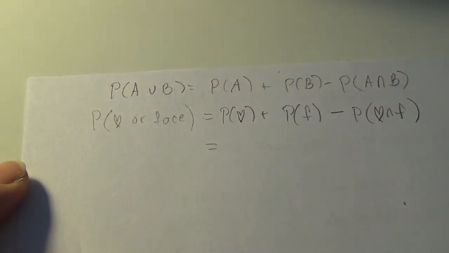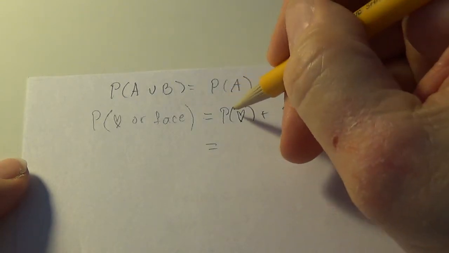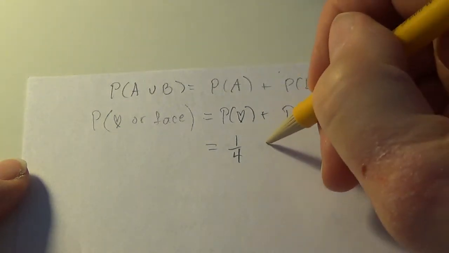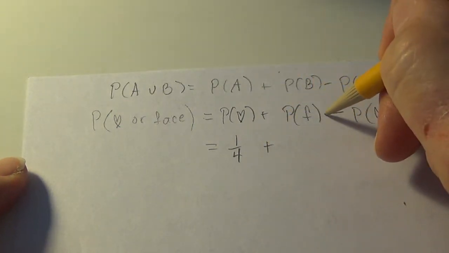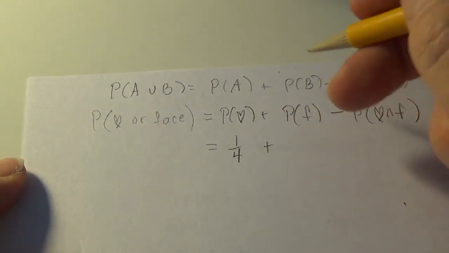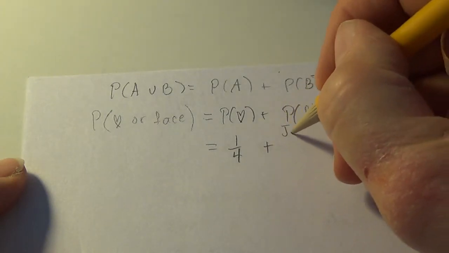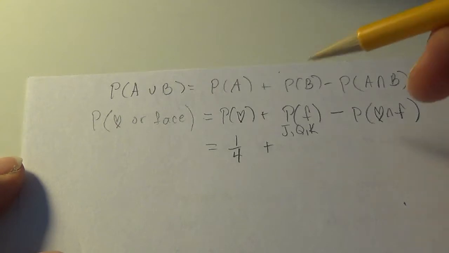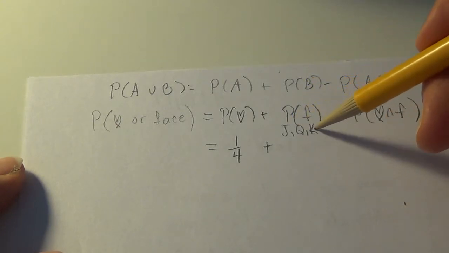So what's the probability in a deck of cards of drawing a heart? There's 1/4 hearts, 1/4 diamonds, 1/4 spades, and 1/4 clubs. So we have 1/4 for the hearts. What's the probability of drawing a face card? Face cards are Jack, King, and Queen, and there's a Jack, King, and Queen for each suit.